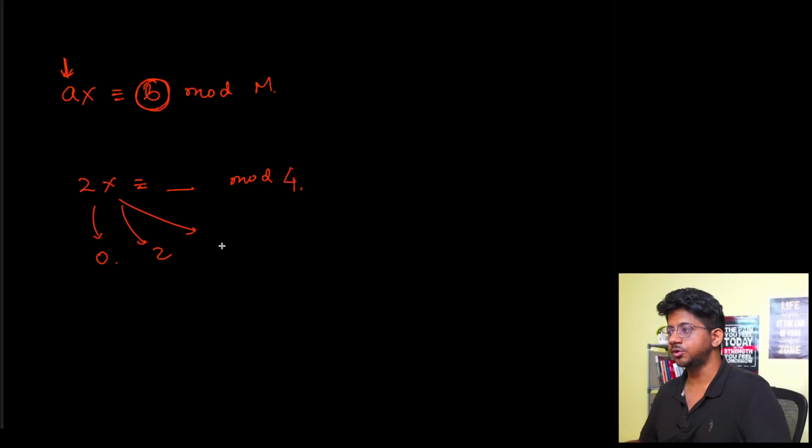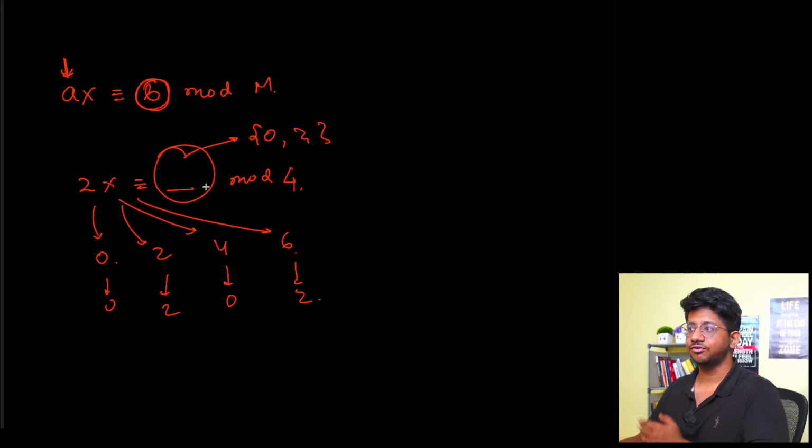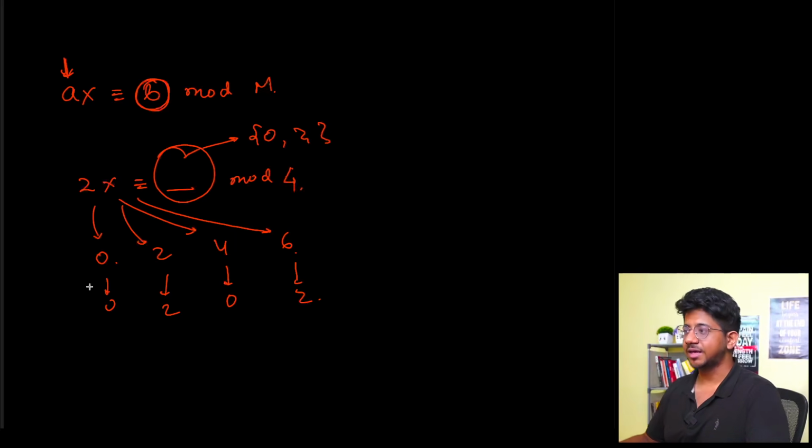X equal to 2 is going to give us 4. If you put x equal to 3, it will give us 6. And if you take a remainder with 4, this is nothing but 0, 2, 0, 2. So the different values that you can take over here, you can continue, it will just give you the same thing. You can only take 0 or 2. You cannot take the values 1 and 3. Even though remainder with 4 can possibly give you 1 and 3, you can never get that.